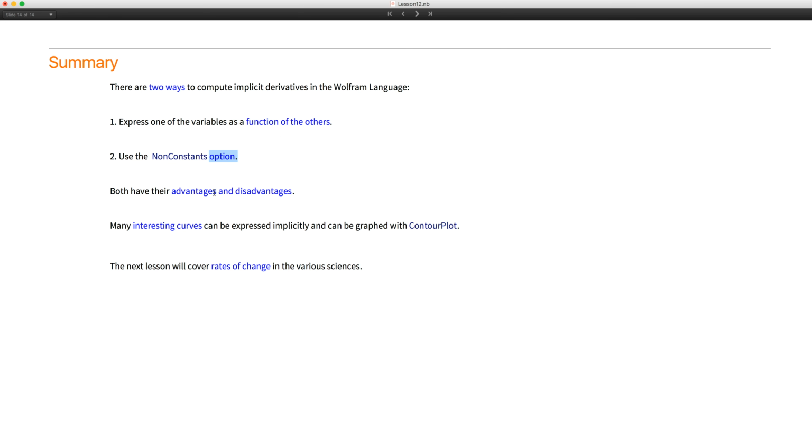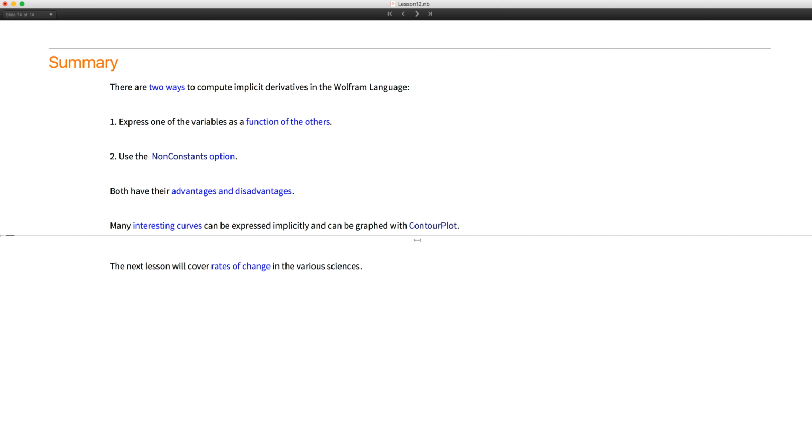Now, both methods have got their advantages and disadvantages, but overall, the first method is much closer to what you do by hand, and I recommend that you follow the first method. And of course, we saw lots of interesting curves, and we could plot them and then actually work out derivatives, and contour plot is a really good function for plotting these curves.